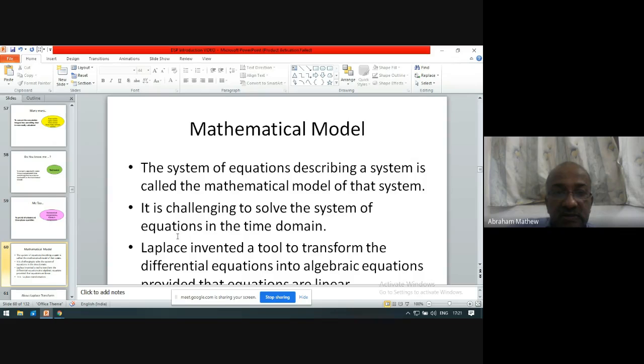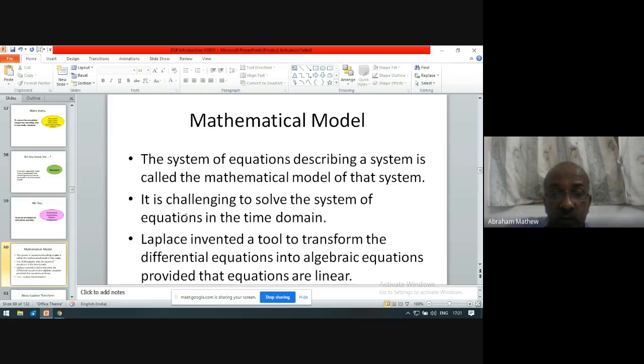Then we come across the term mathematical model. What is a mathematical model? The system of equations describing a system is known as the mathematical model of that system. It is challenging and difficult, or mind-blowing, to solve the system of equations in the time domain.